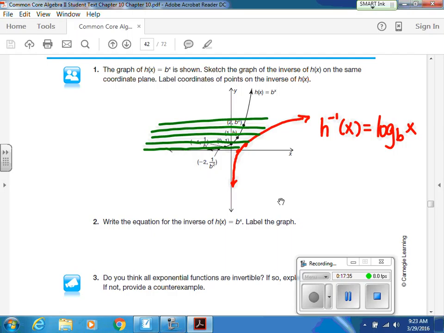Do all exponential functions pass the horizontal line test? Yeah, because what's happening right here where it looks like it's going to fail? What's actually happening? Right, it's still moving. It looks like it kind of bottoms out, but it doesn't. It just gets closer and closer, infinitely closer.